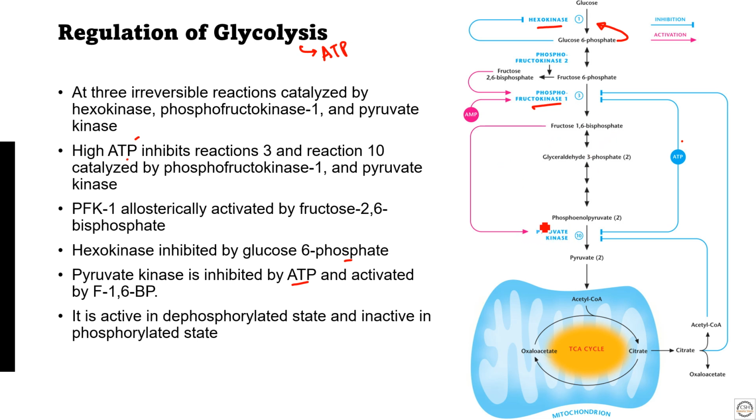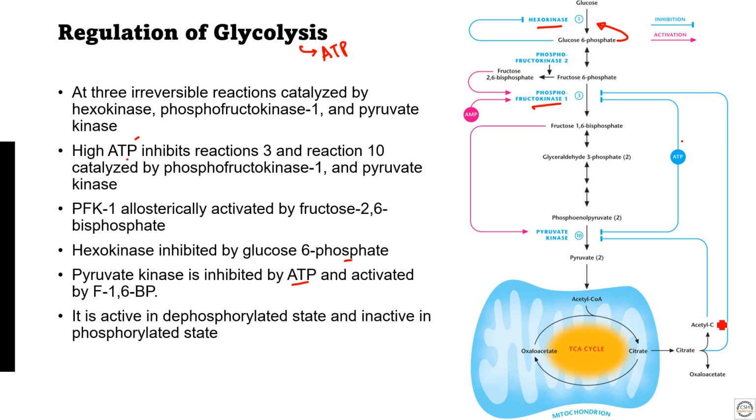Fructose 1,6 bisphosphate also activates the pyruvate kinase enzyme. This concept was also discussed: pyruvate kinase is active in the dephosphorylated state and inactive in the phosphorylated state. Now there are several other metabolic intermediates which regulate this pathway.